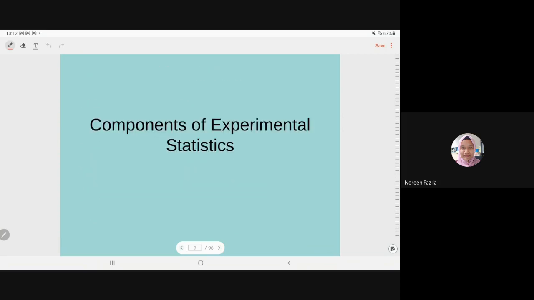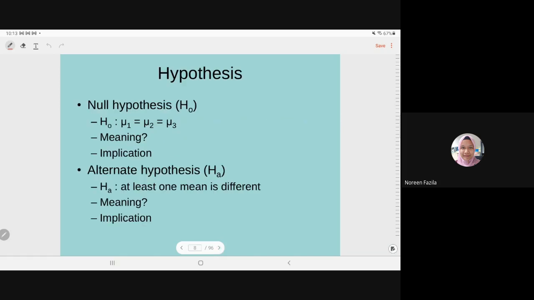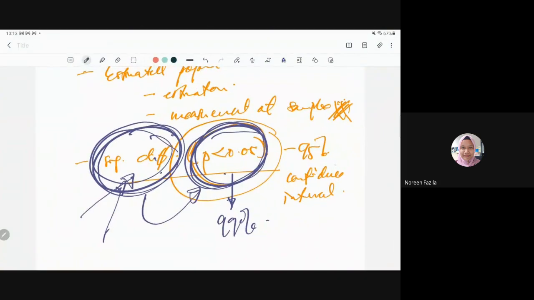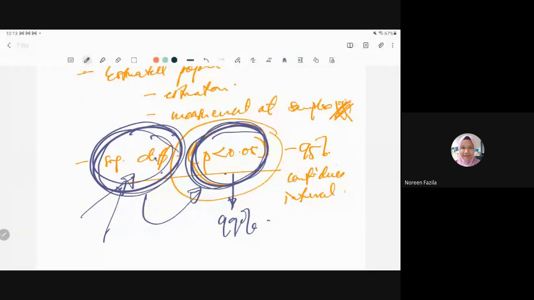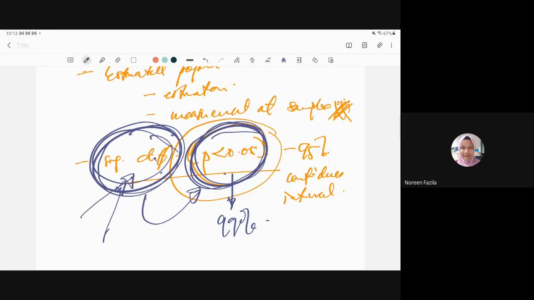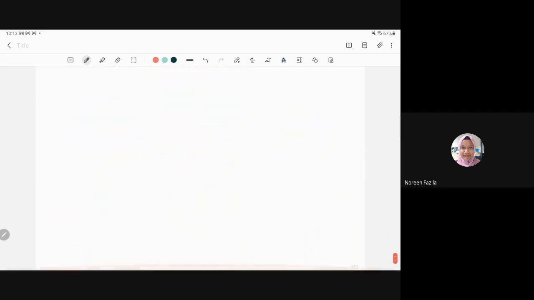Let's look at the components of experimental statistics. First and foremost, of course, we have to start with the hypothesis. When we do our experiments, how do we conduct experiments?